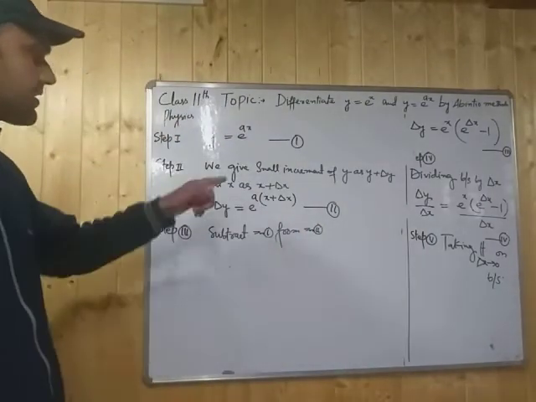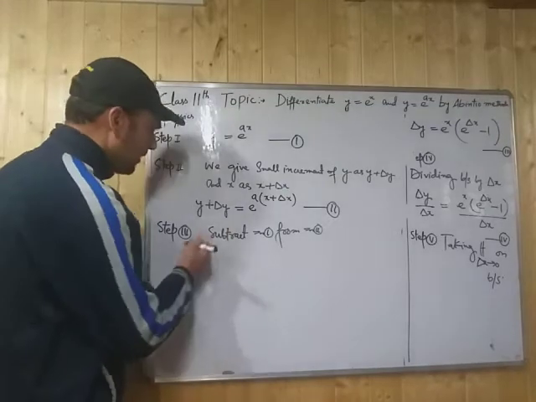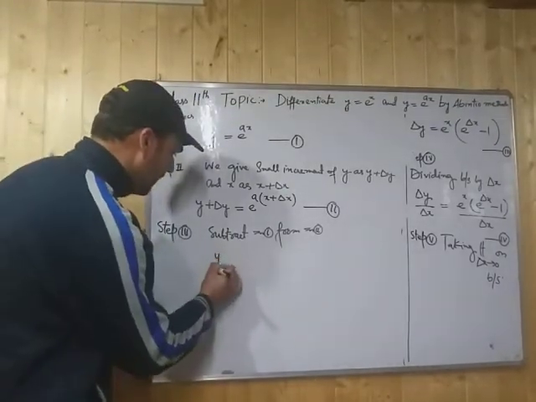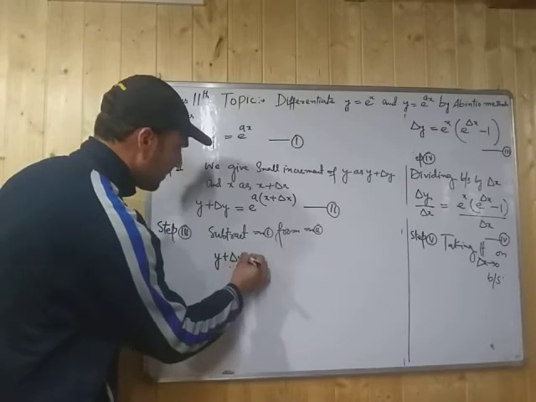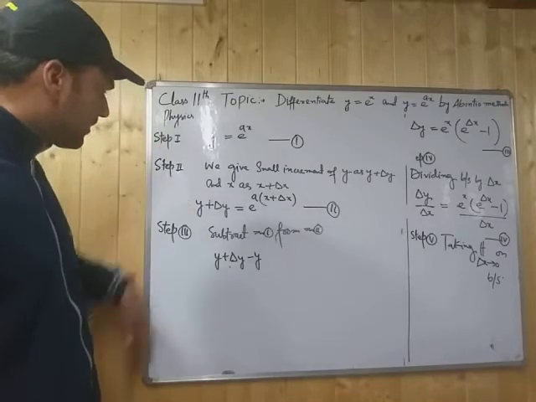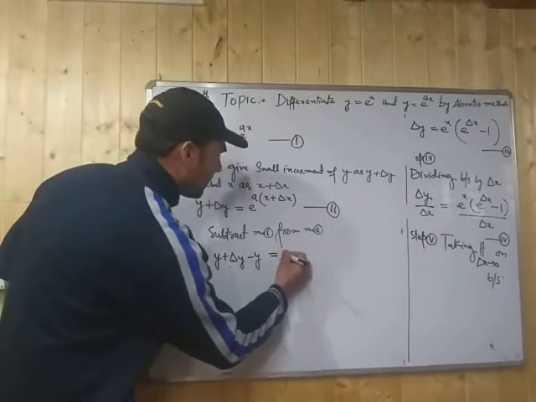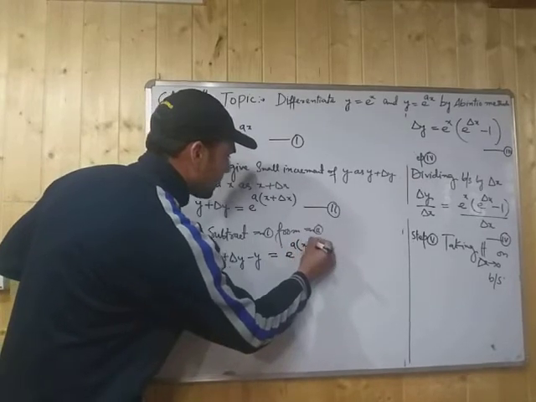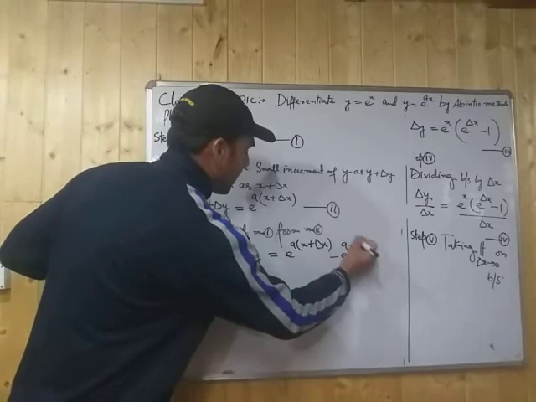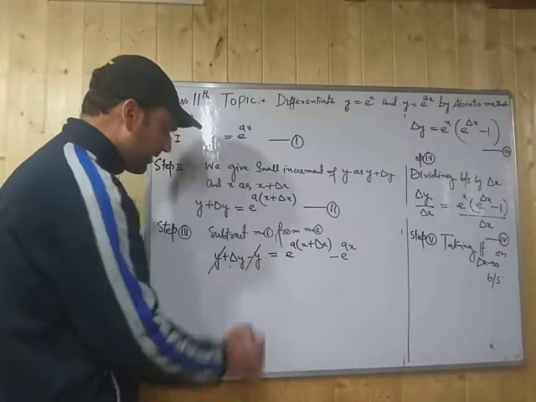So we subtract equation first from equation second, then we can write here y plus del of y minus y is equal to e raised to power a into (x plus del of x) minus e raised to power ax. So plus y and minus y will cancel each other.